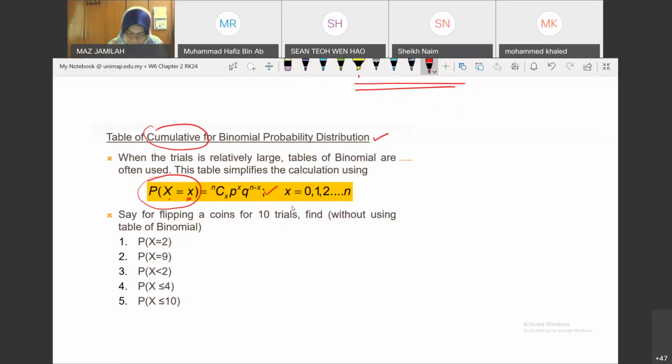Now, if we are talking about 10 trials of flipping a coin, we know that this follows a binomial distribution with parameter 10, and the probability of success, in this case getting the heads, is 0.5.